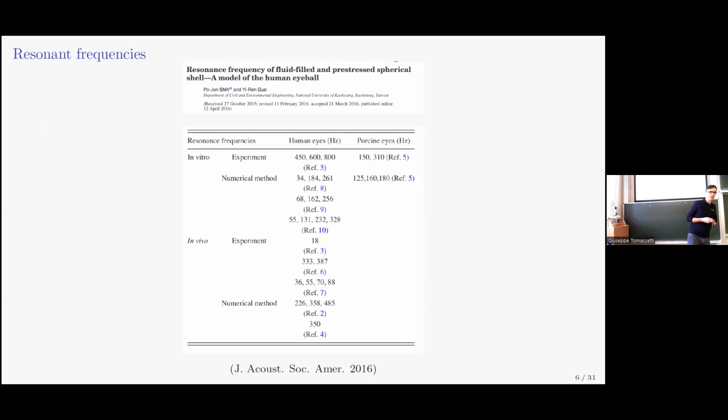If you know spherical harmonics, you know that the lowest spherical harmonics has three modes. And as we shall see, vibration in the eye can be described analytically by spherical harmonics, and these three are the lowest modes. And if you notice these lines, you will see that these data are quite scattered.